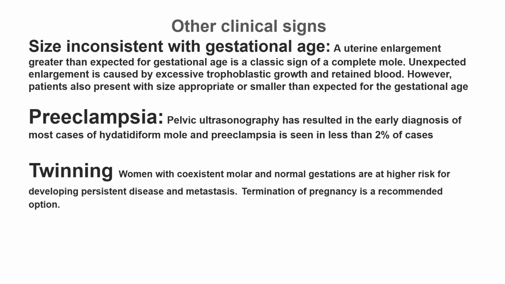The uterus would be more enlarged due to collection of blood and the increased mass size of the hydatidiform mole. But at times it could be even smaller than the expected gestational age, because at times it may result in shrinkage after the bleeding.